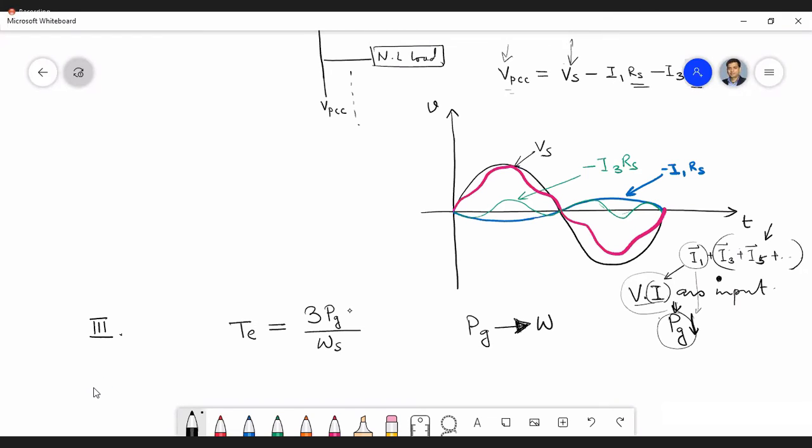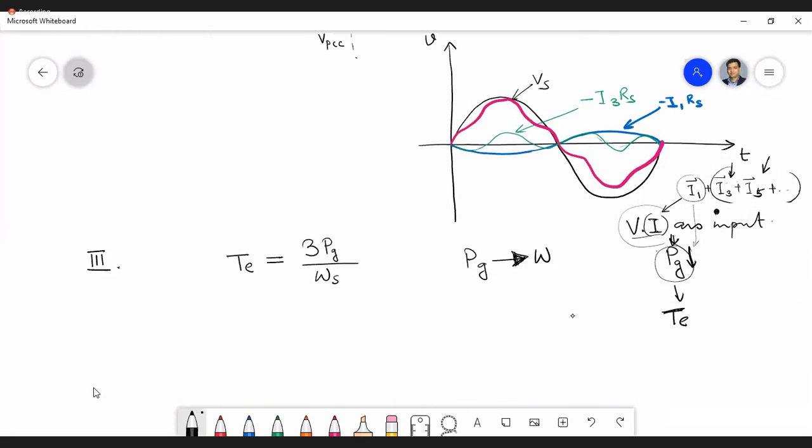Number one. Number two, if PG is reduced, what about the torque, for the same VI input? Reduced. If PG is reduced, the torque will also be reduced. And if the torque is reduced for the same load, what will happen to omega or n?